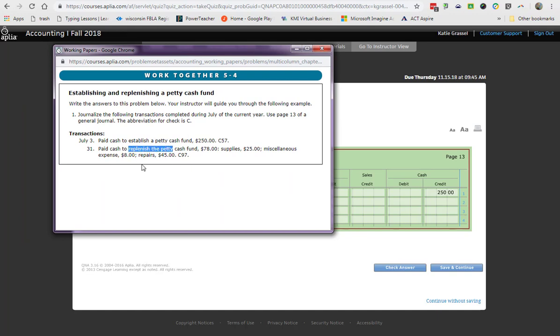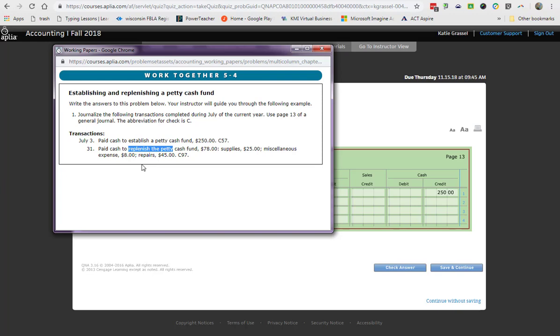This is what kicks every accounting student's butt, because you are really good. I've trained you really well about reading transactions, and you see the word petty cash, and you're like, oh, petty cash, that's an account title. I must have to affect petty cash, right? Yes, because I've taught you when you read a transaction paid cash, one of the accounts you're affecting is cash.